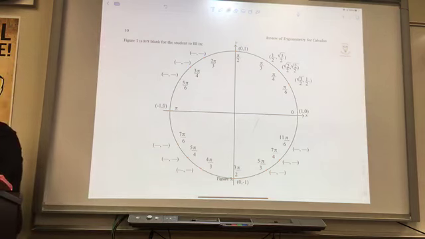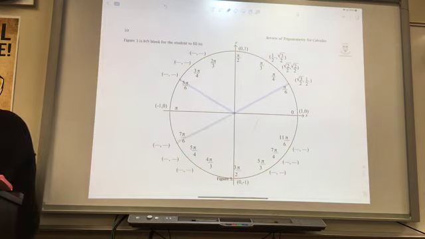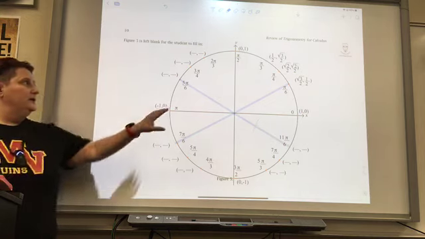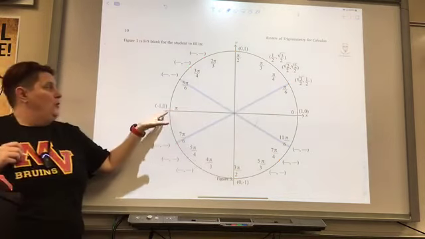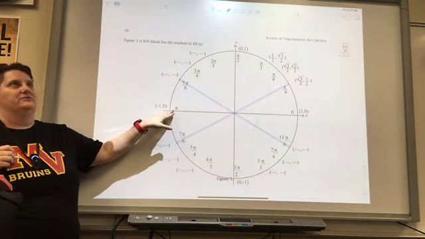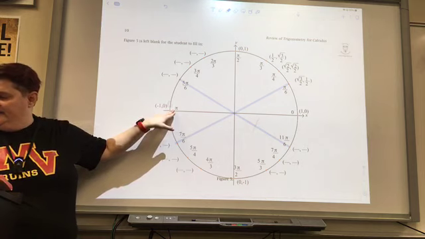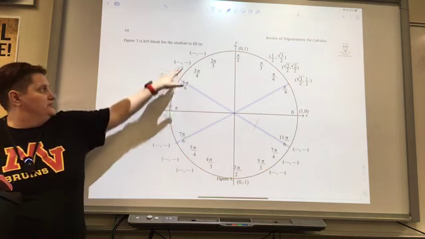This is important, though. Let me color code this. You ready? The one on the bottom is pi over 6, which means that one is also pi over 6. That one's pi over 6, and that one's pi over 6. You guys see that? So pi over 6 is my reference angle. What's pi minus pi over 6? We think of that as 6 over 6 minus 1 is 5.